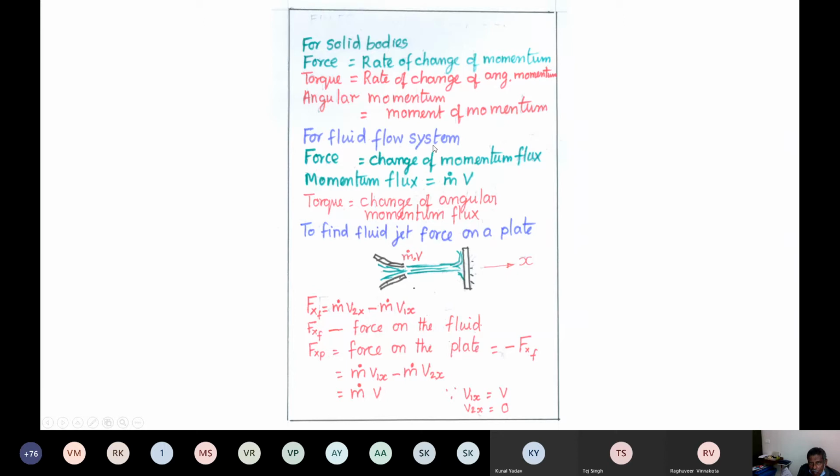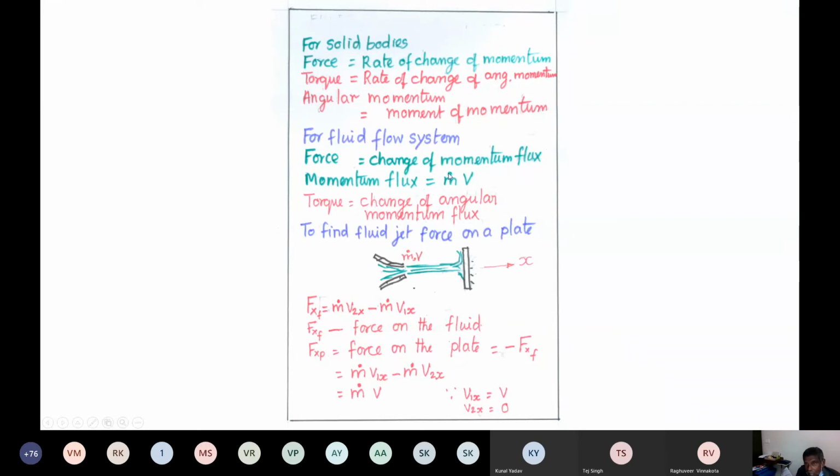For a fluid flow system, we write force is equal to change of momentum flux, and momentum flux is m dot into velocity v. So it is rate of change of momentum, not just change of momentum, but rate. So it is d by dt of mv.